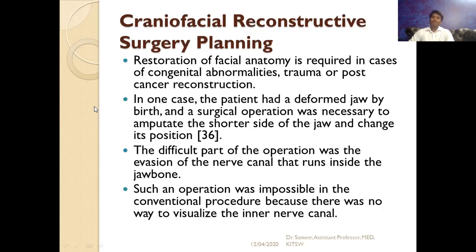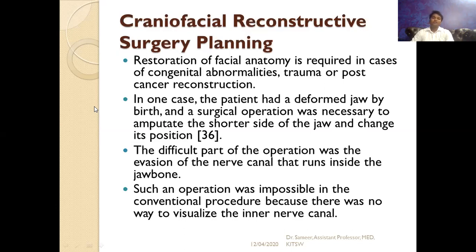Congenital abnormalities are the birth abnormalities where the person is born with a deformed shape of the skull or the face. And also trauma. If there are any injuries to the skull or the facial parts, it would require a craniofacial reconstructive surgery.